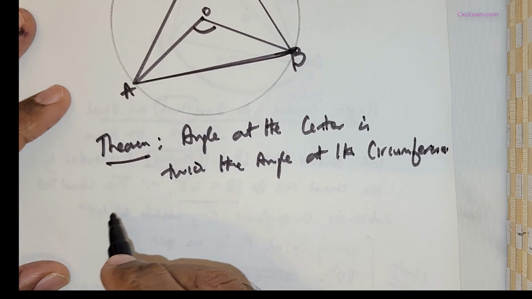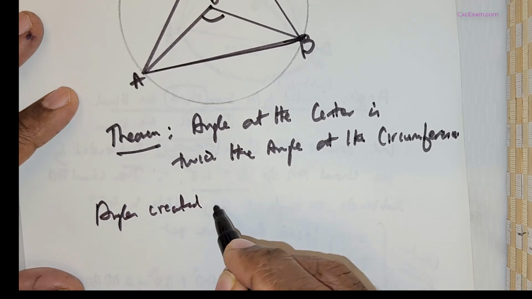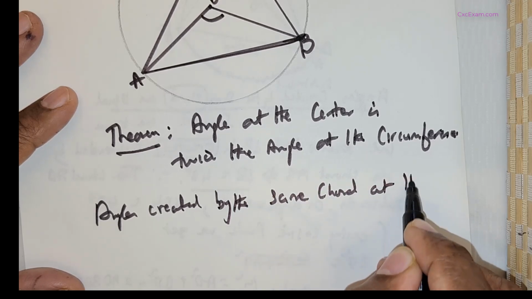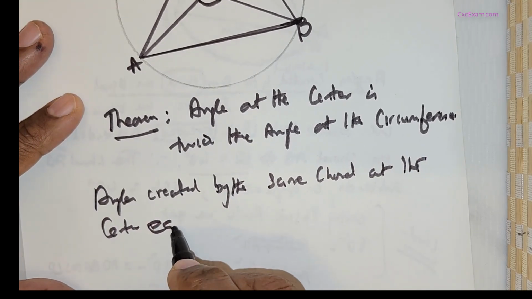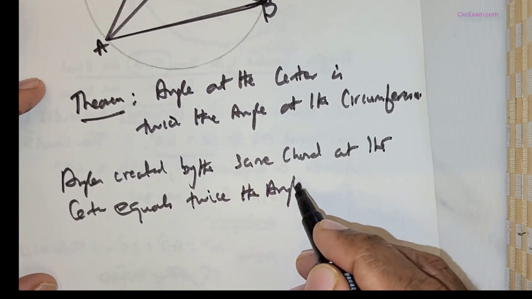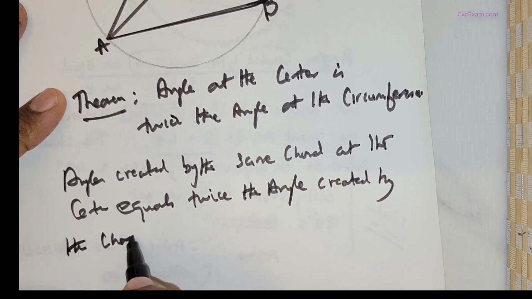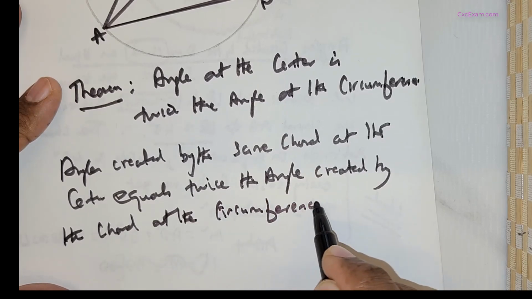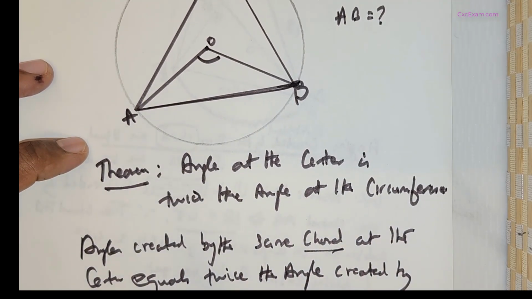Sometimes this theorem is also worded like this: angles created by the same chord at the center equals twice the angle created by the chord at the circumference. Now you can replace the word chord with arc, right?